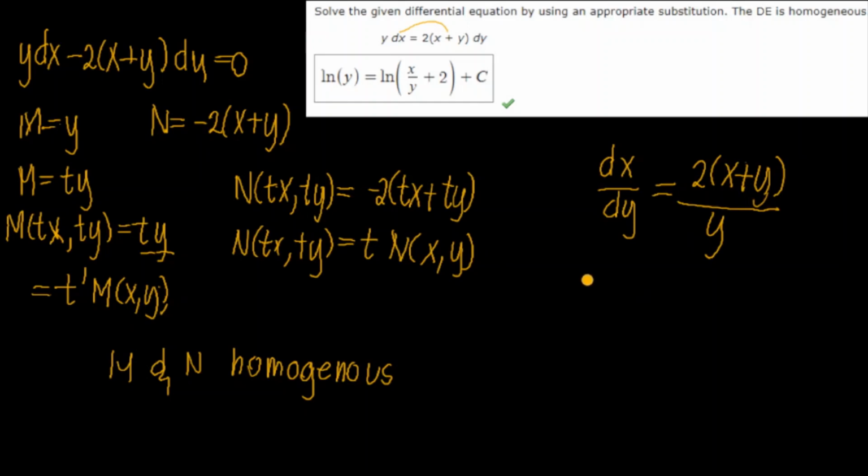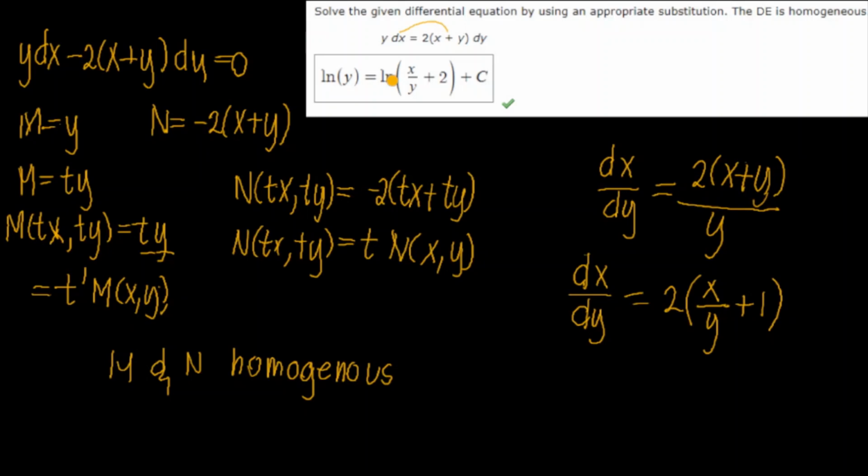So we have our dx over dy as 2 times x over y plus y over y, which is 1.